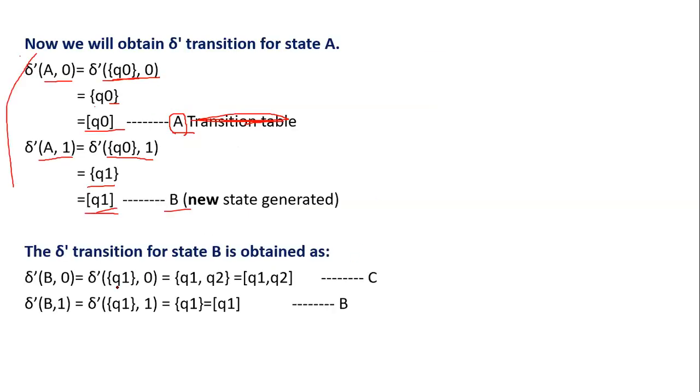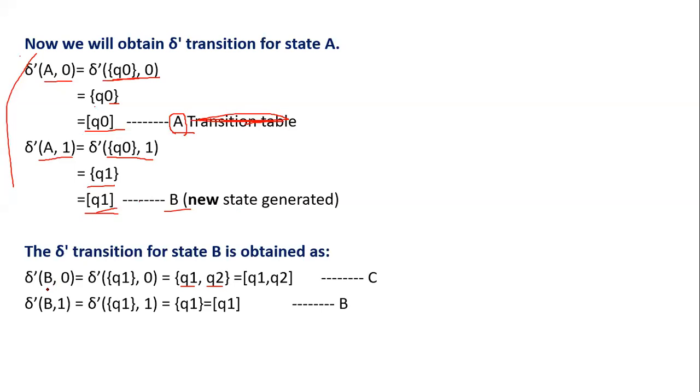Q1 comma 0 is moving to Q1 and Q2. I have to convert this into a DFA state, so mention that in square brackets. This is the new state, right? This is not equal to A, not equal to B. So I can call this new state C.